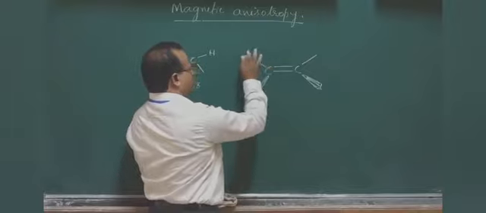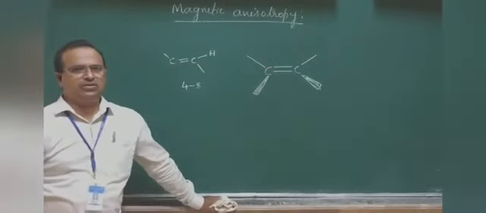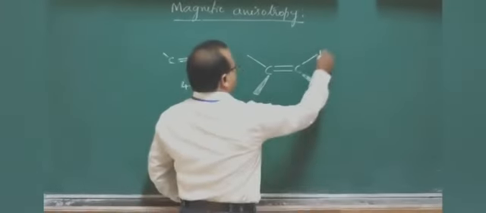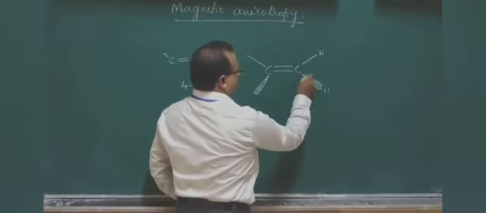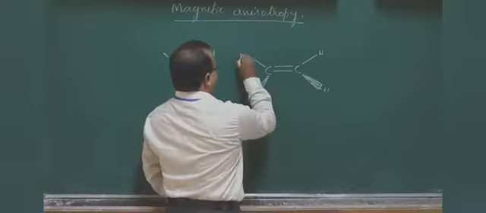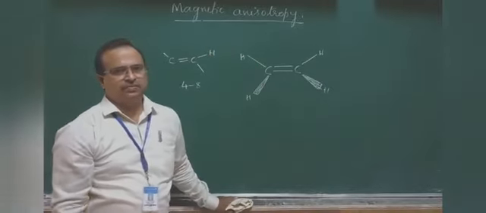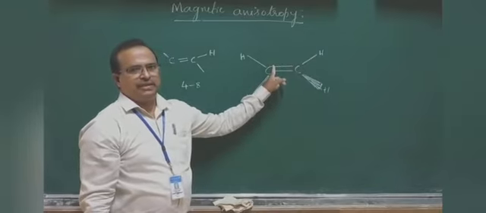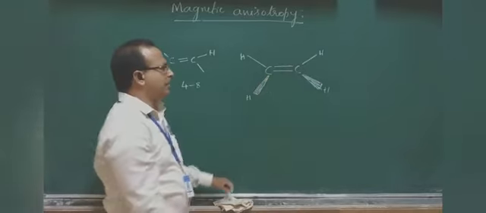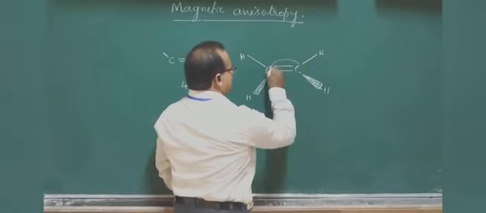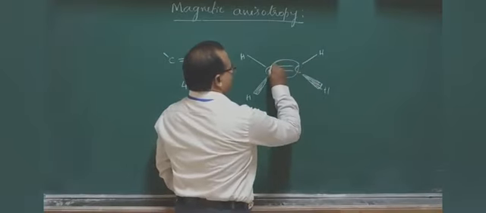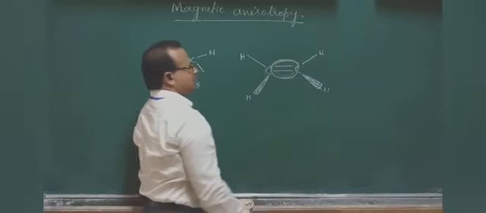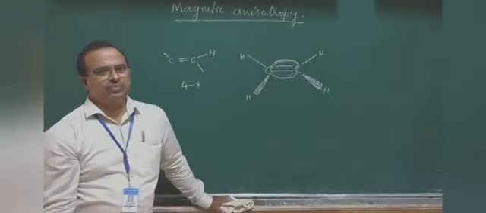The pi bonds consist of pi electrons, and in a compound containing pi electrons or pi bonds, when placed in an external magnetic field, they induce a secondary magnetic field.